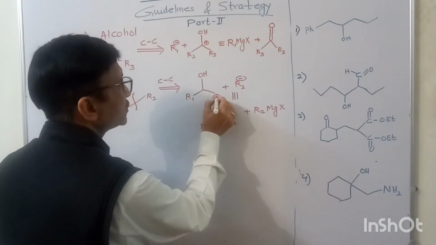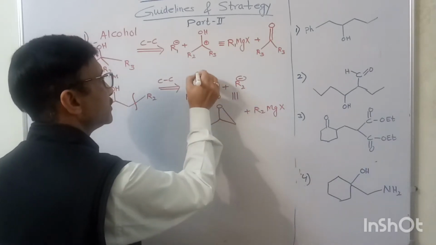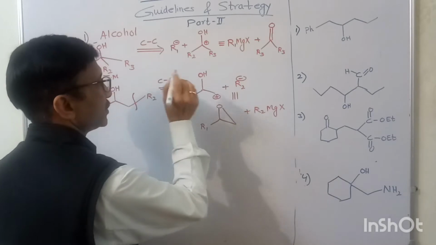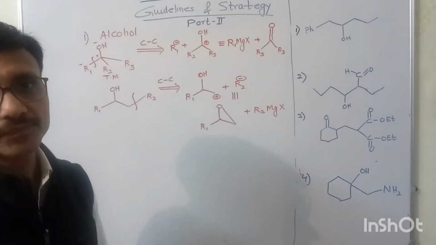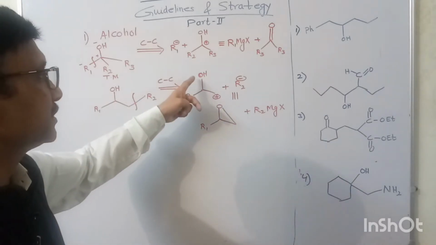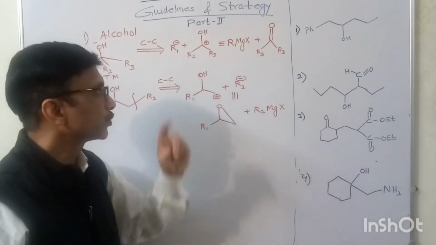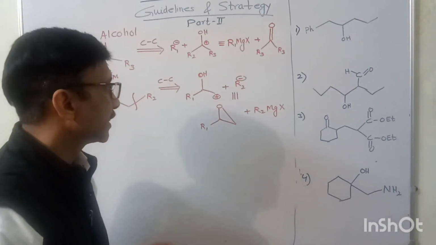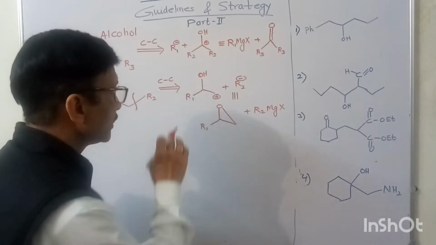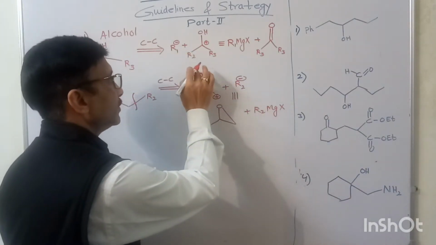If you see the polarity in this case, this bears a positive charge, this bears a negative charge, and this will bear a positive charge, and a positive charge over this oxygen atom is not possible, as oxygen is an electronegative atom. A more electronegative atom should bear a negative charge, and a less electronegative atom may bear a positive charge. But here the more electronegative atom is bearing a positive charge.